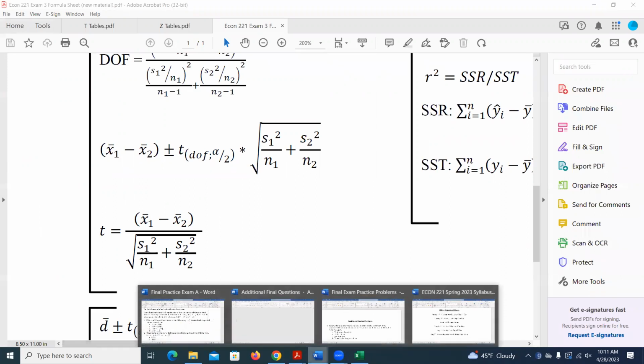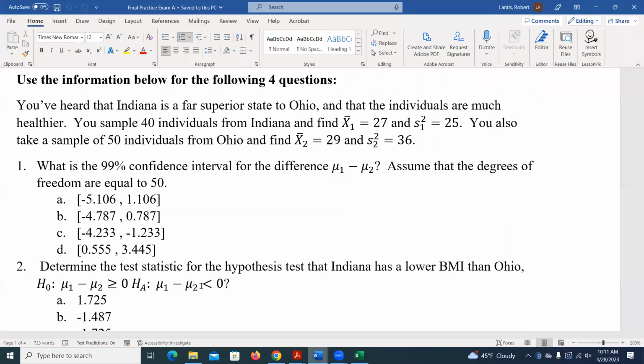So if we looked at the original problem, let's see if I can remember all these. So we've got 27 minus 29, right? Those are our 2 sample means. We'll then divide that by the square root of each group's variance over its sample size. So I'll show you what I'm writing down here in just a second. I'm just trying to make sure I get these values correct.